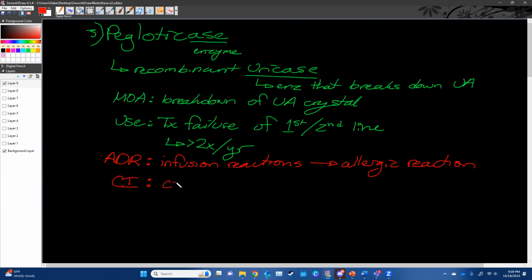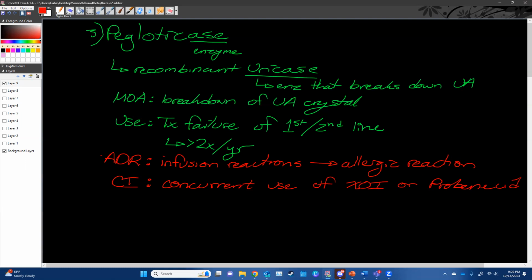Contraindications: concurrent use of a xanthine oxidase inhibitor or probenecid. You cannot use these drugs at the same time. Very dangerous.